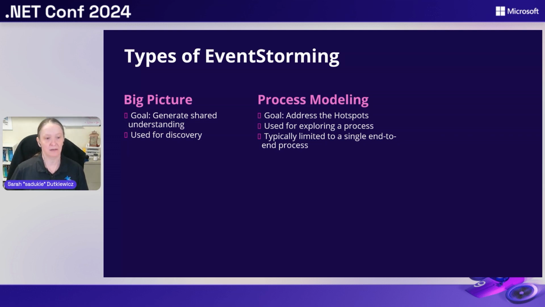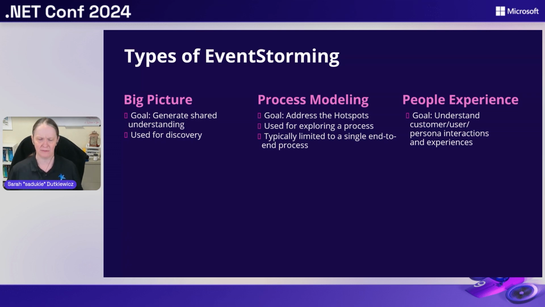All right, so that's big picture and process modeling. Now, the next one I want to show is one that I use that's not like something in one of the books. I call it people experience. If you have dealt with me in the community over the years, you know that I am big about the human aspect of computing as well. Don't forget there are humans involved. And so when it comes to people experience, think about looking at a process.